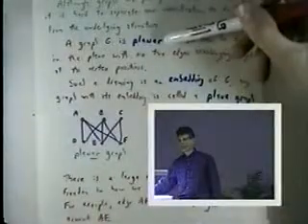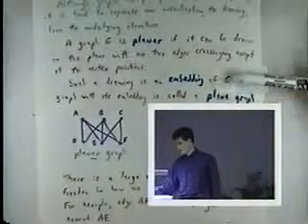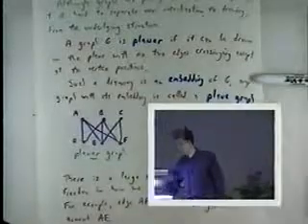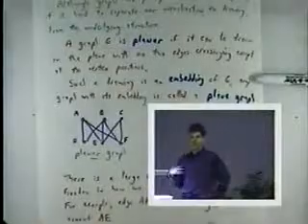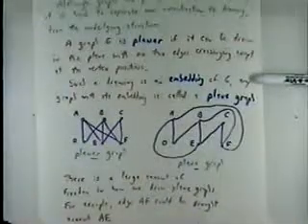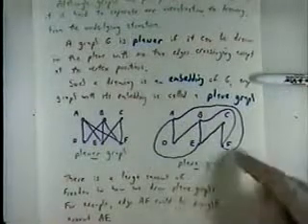A graph being planar is something combinatorial about the structure, and a drawing of a graph is a plane graph if, along with the graph... how should I say it? Such a drawing is an embedding of G. Any graph with its embedding is called a plane graph. So this is the planar graph, and when you consider the particular embedding into the plane, then it's called a plane graph.